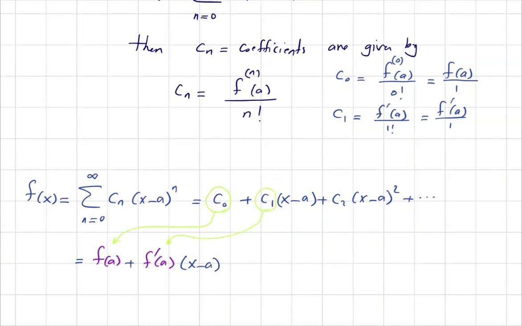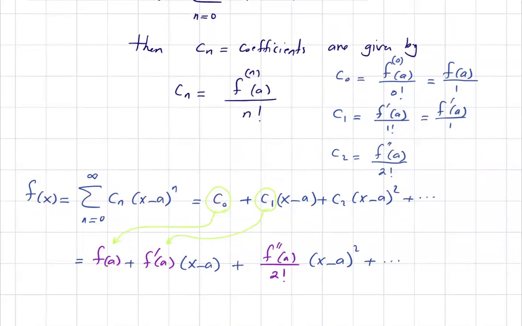You can find c sub 2 as well. C sub 2 is equal to the second derivative of f at a divided by 2 factorial. So plus the second derivative of f divided by 2 factorial times x minus a to the second power, plus the rest of the terms.